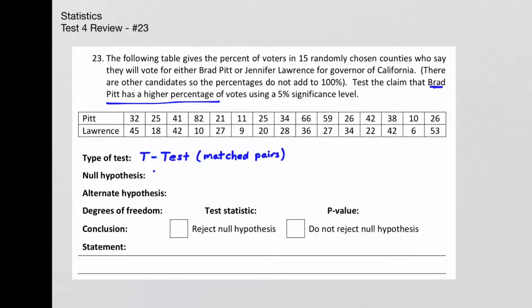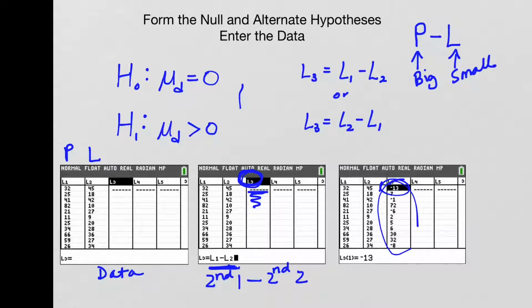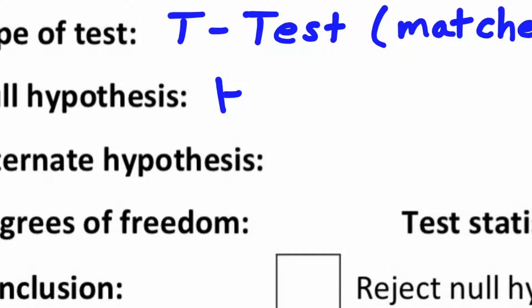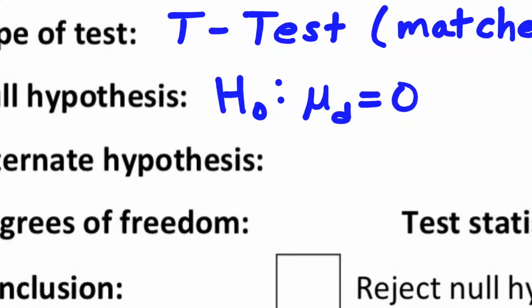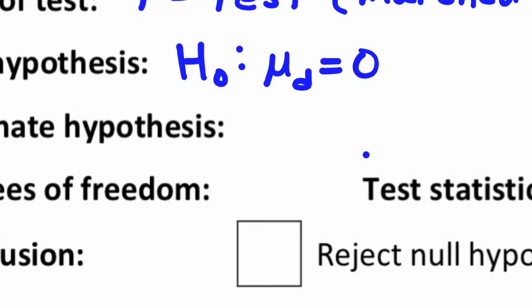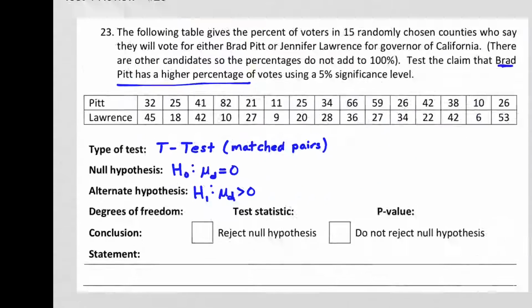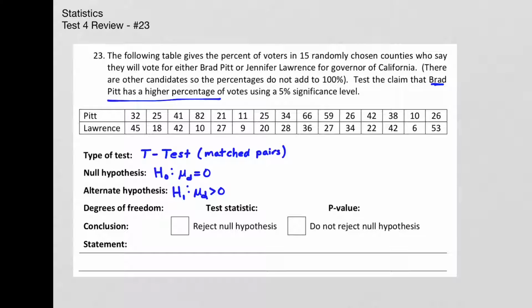So our null hypothesis is mu sub d equals 0, and the alternate is mu sub d is greater than 0. Okay. And now we're ready to do our test.